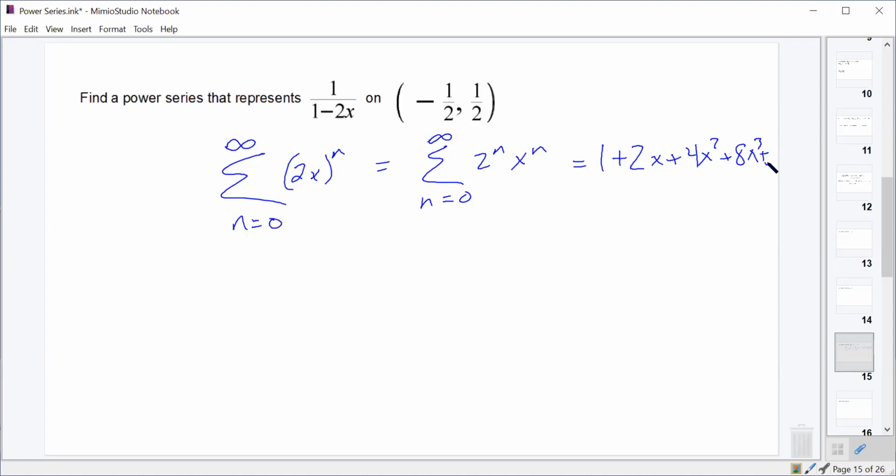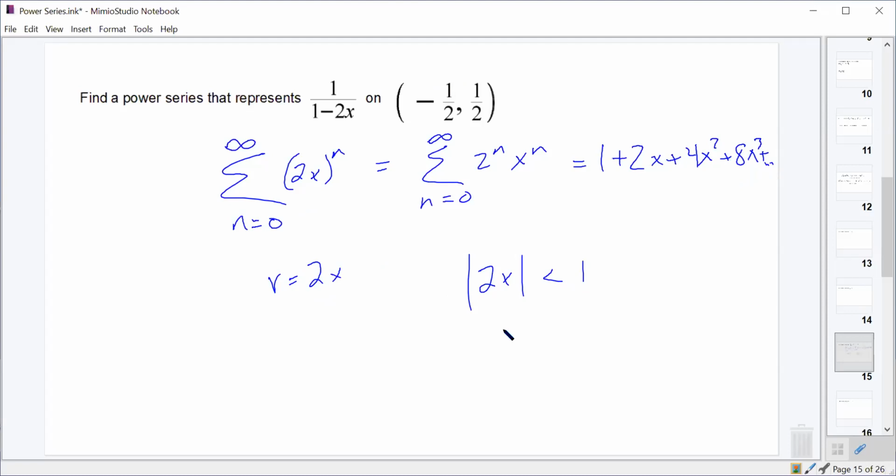Right? And just to show that the interval of convergence is -1/2 to 1/2, we need to think about what our r value is. What is the common ratio between the terms of this geometric series? Well, it's 2x. Each time I'm multiplying the previous term by 2x. And as we knew for any geometric series, the common ratio needed to be less than 1 for the series to converge.